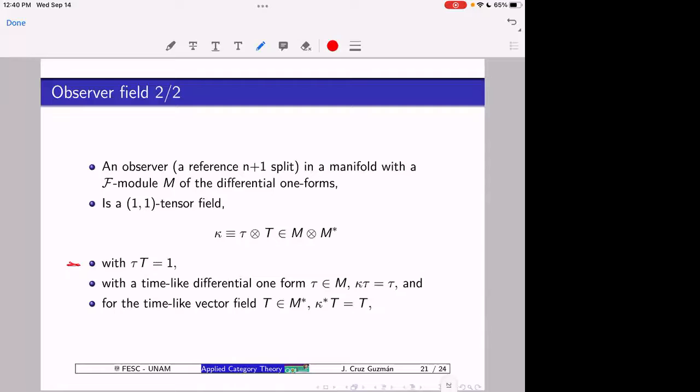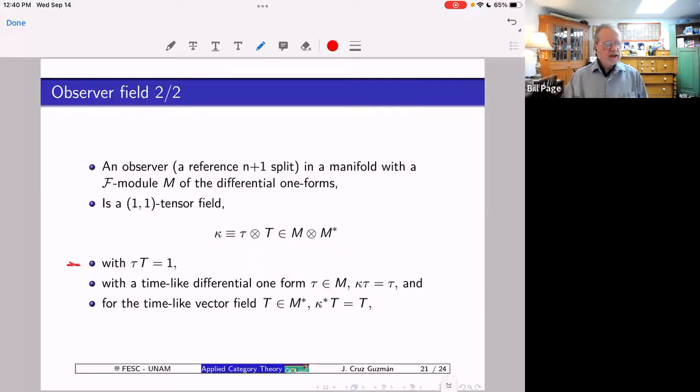So M is a Grassmann algebra and M star is a Grassmann algebra, but you relate those two Grassmann algebras with elements M times M star, with that relationship, tau t plus t tau is equal to 1. And that's it. But the connection I can see here is that this endomorphism kappa looks something like an element of a Clifford algebra.